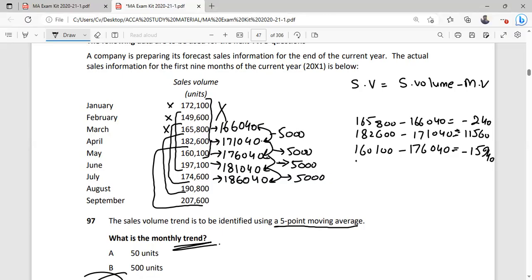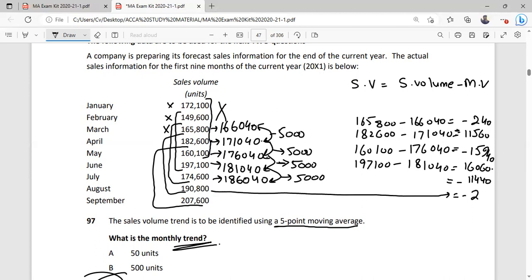Then we have 197,100 minus 181,040. It is 16,060. Then we have 174,600 minus 186,040. It's minus 11,440. So 5 months moving average means this cycle will repeat itself from the start of August.